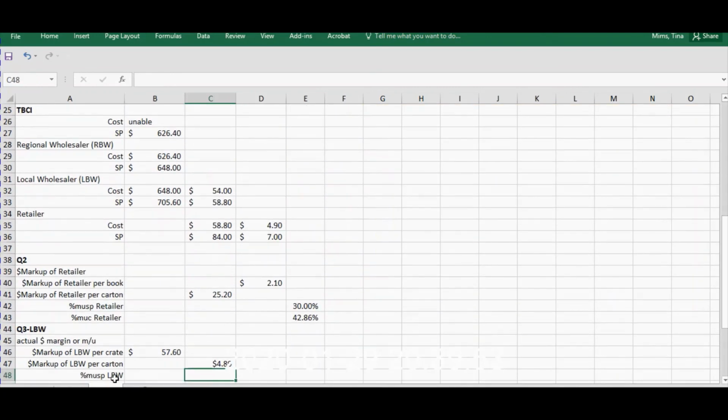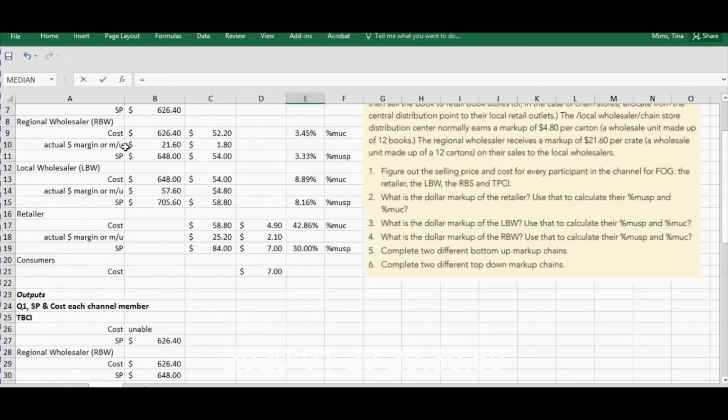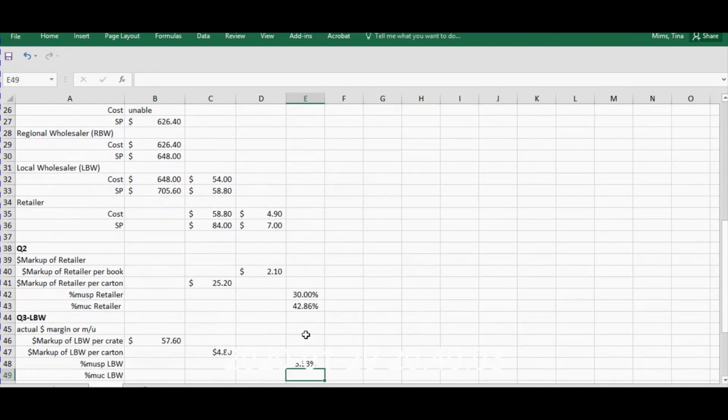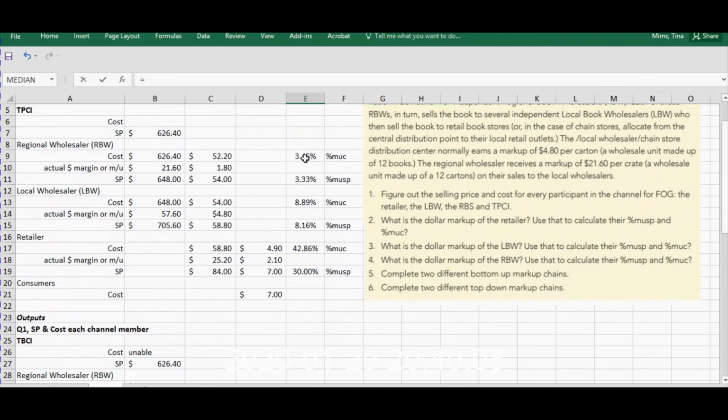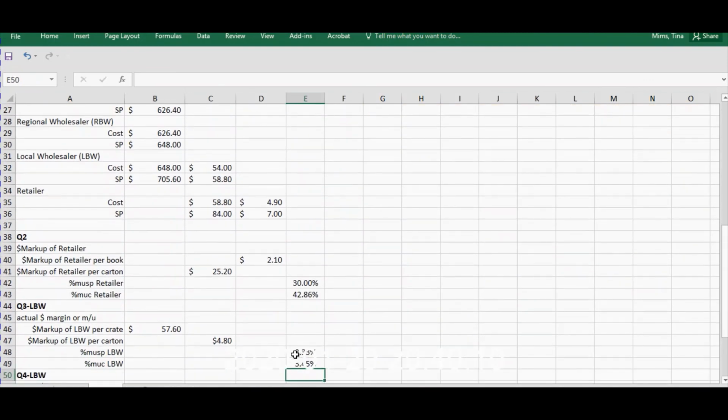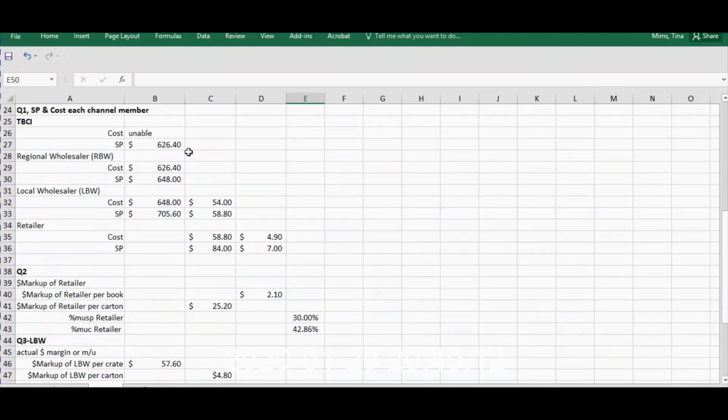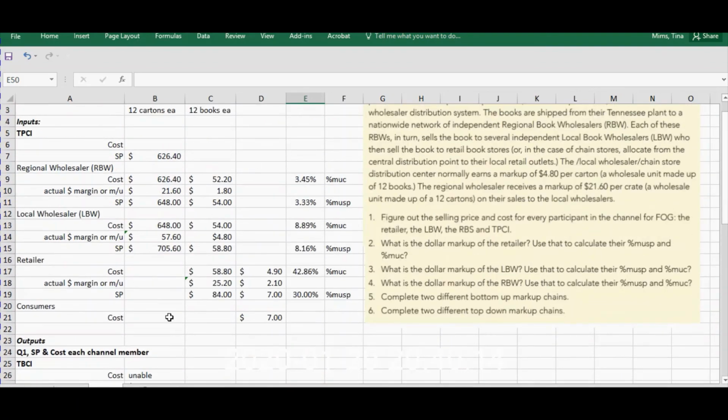Very good. Percent markup on sales price is sales price. And the percent markup on cost, 45. Okay. I just wanted to set up this spreadsheet so you can see all the activity up here.